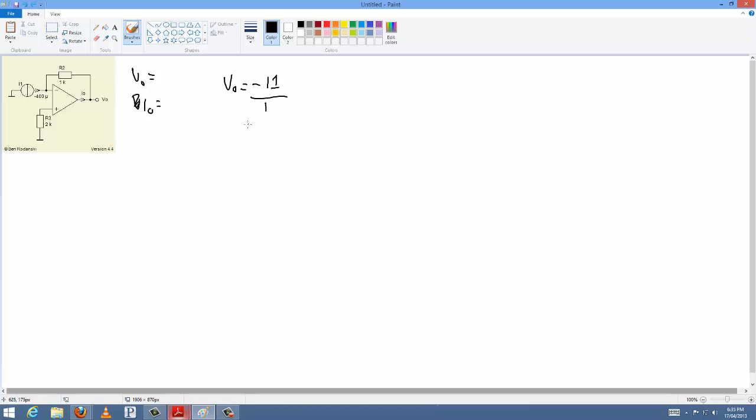I1 times R2 equals negative 400 micro times 1000. Sorry, that ends up being positive because it's negative. 400 e minus 6 times 1000. Our voltage ends up being 0.4.